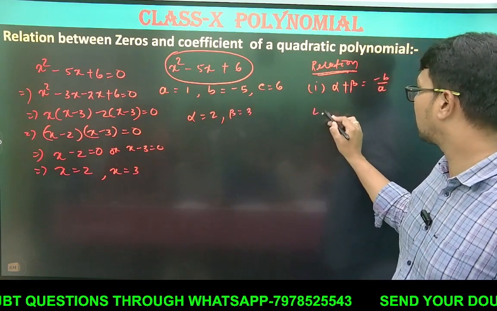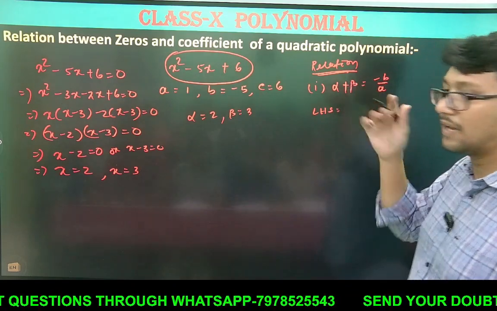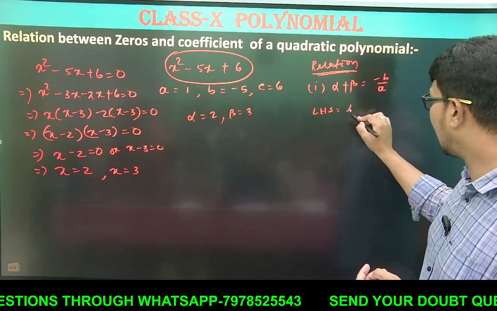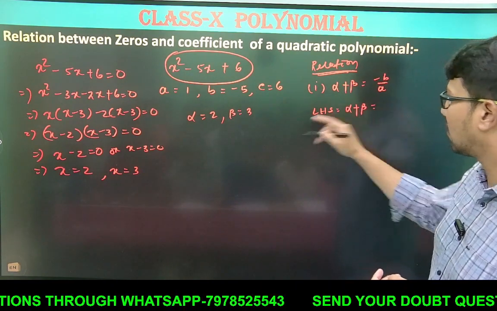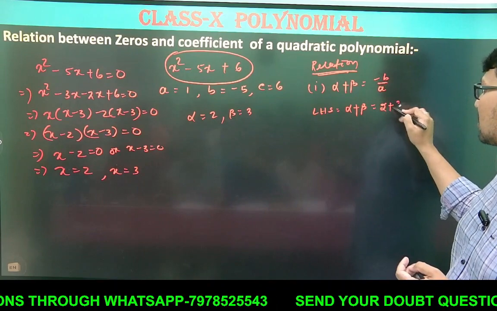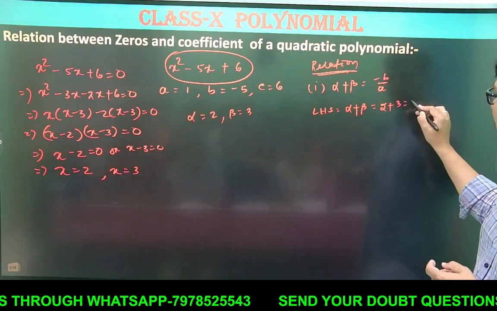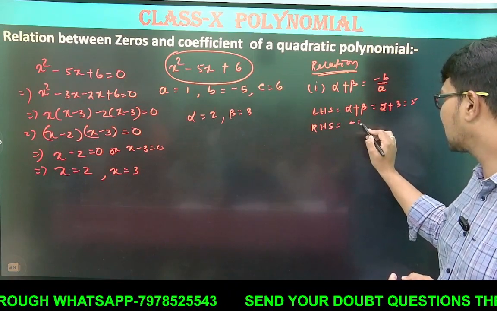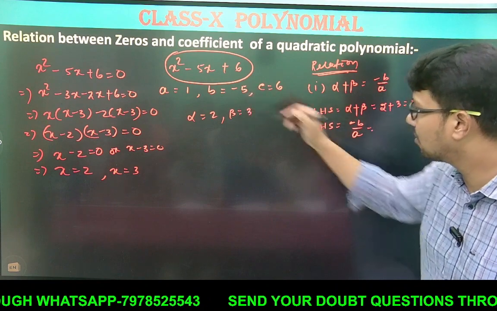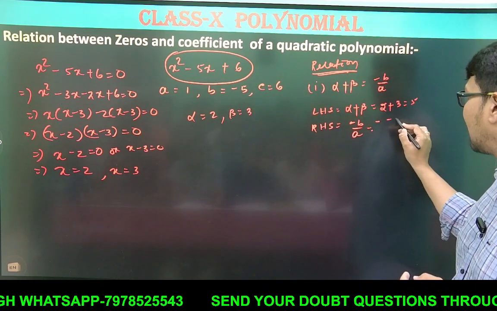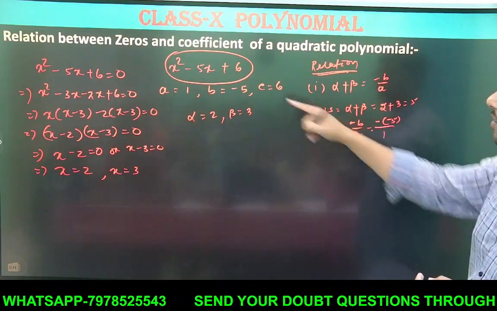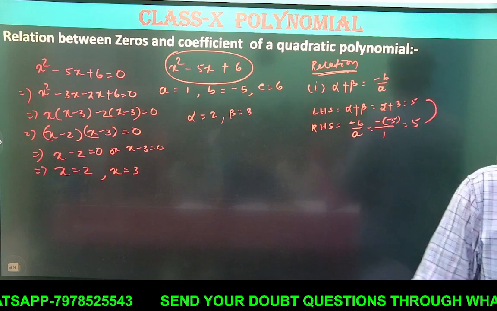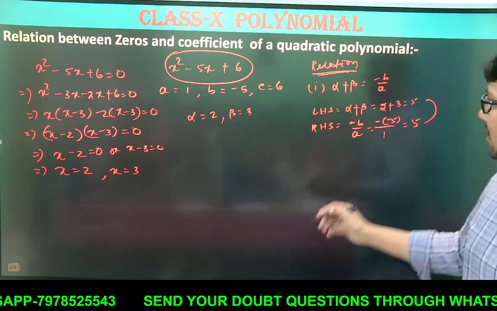Now LHS: we are verifying, which means we have to prove LHS equals RHS. LHS is alpha plus beta, 2 plus 3, which is 5. RHS is minus b by a. b value is minus 5, so minus of minus 5 by 1, which is 5. So sum of zeros is verified.